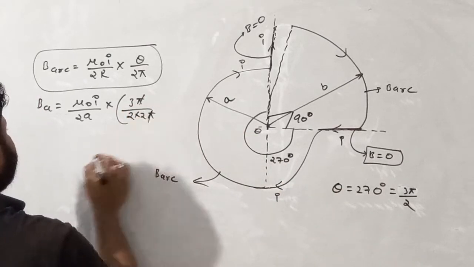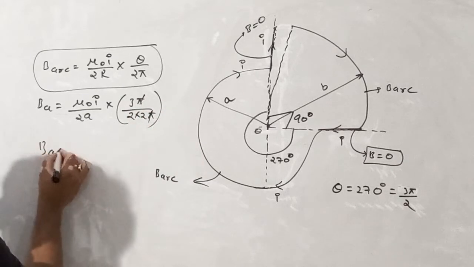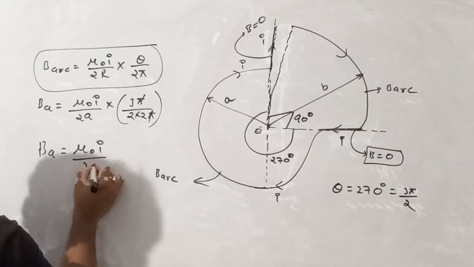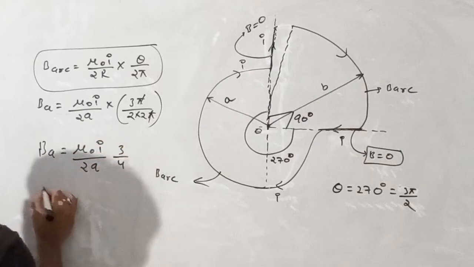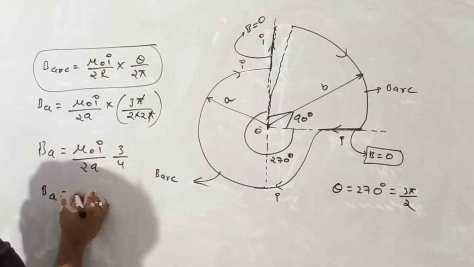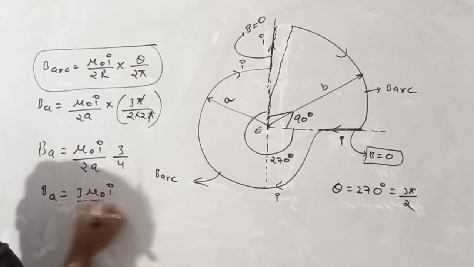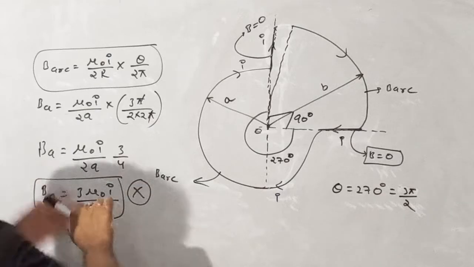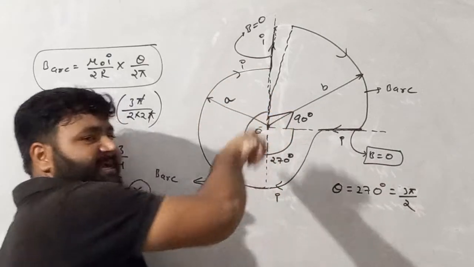So pi gets cancelled. We get magnetic field due to the a radius arc as mu naught I by 2a times 3 by 4. So we can write due to radius a, 3 mu naught I by 8a. And the direction of magnetic field due to this arc is inside.